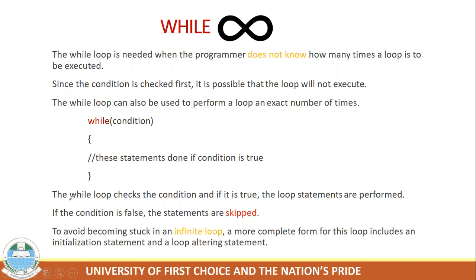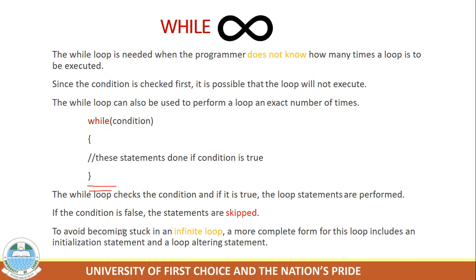Okay. So the while loop checks the condition. If it is true, the loop statements are performed. If this condition is false, then these statements are skipped, and the computer will continue executing other statements.